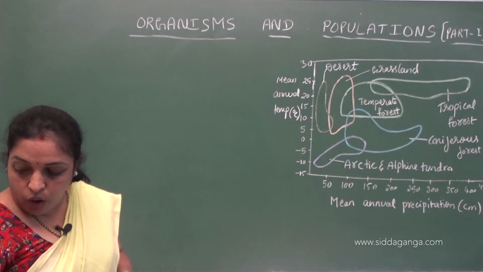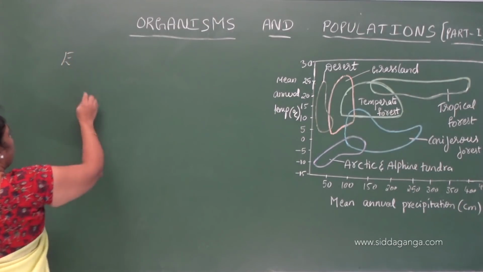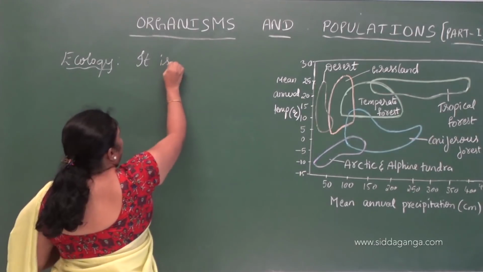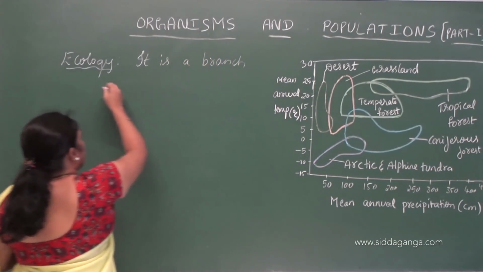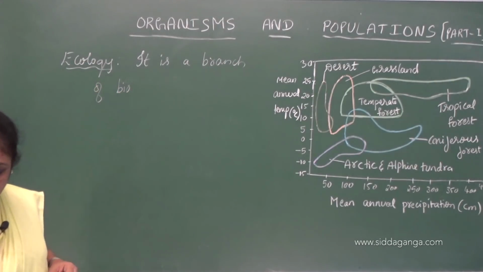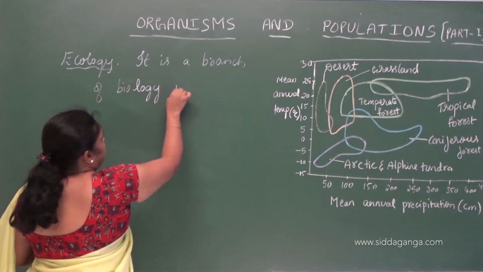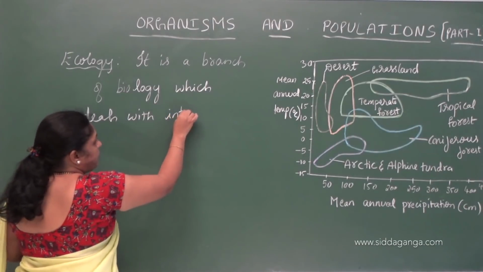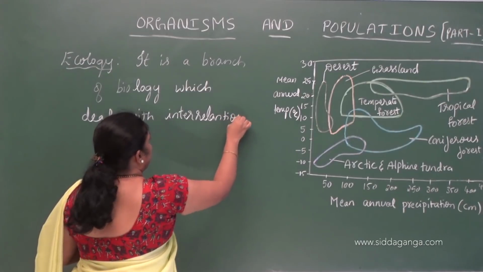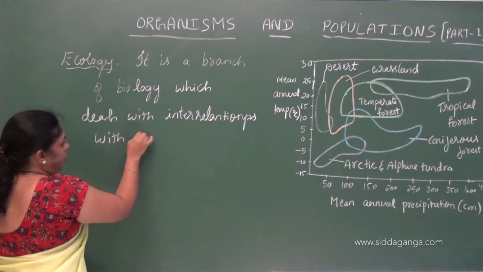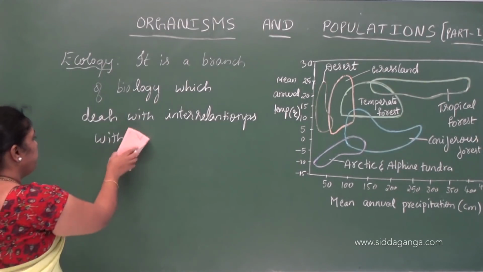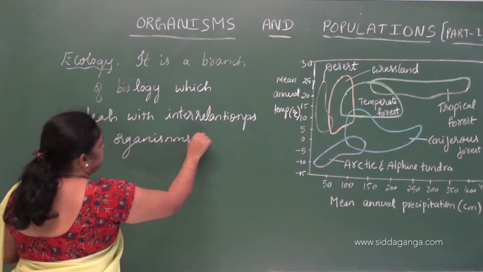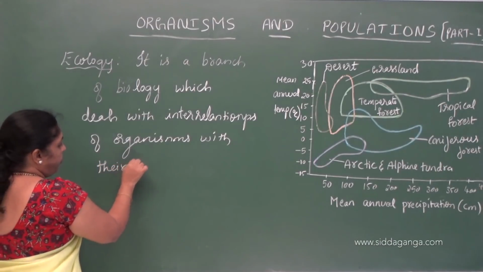Coming to the definition of ecology. Ecology is a branch of biology which deals with the interrelationships of organisms with their physical environment.